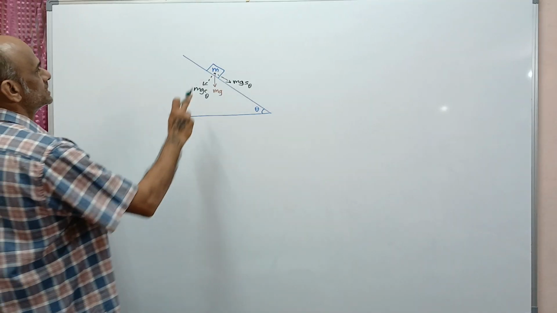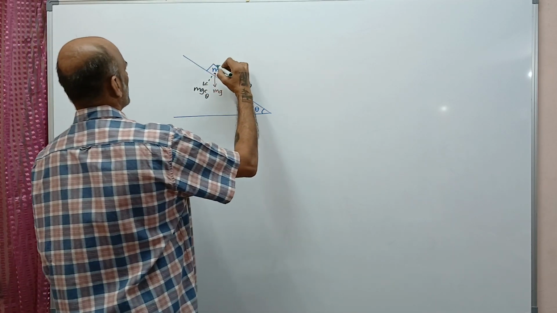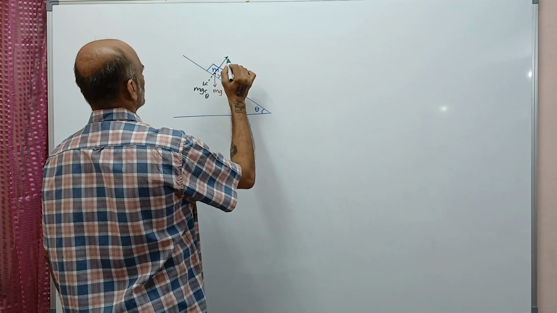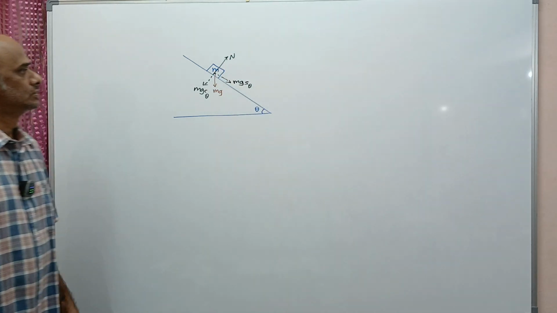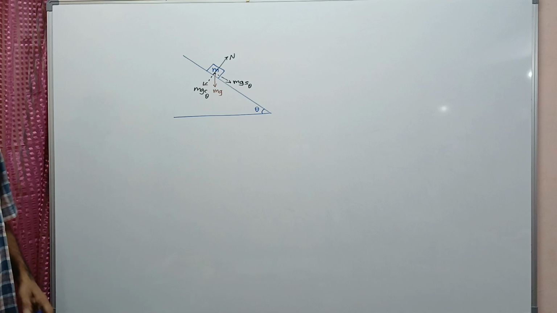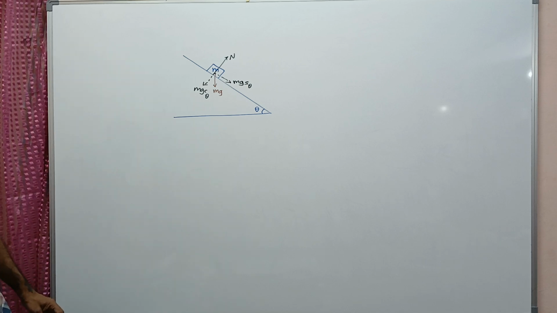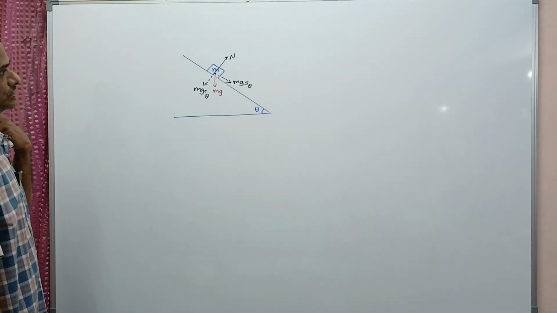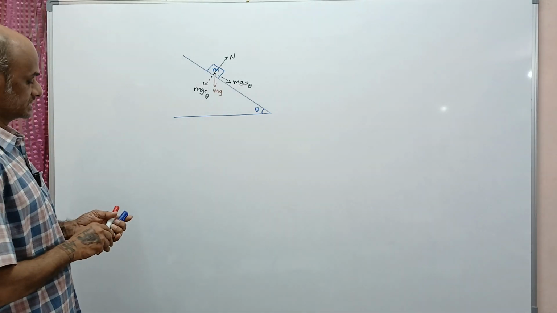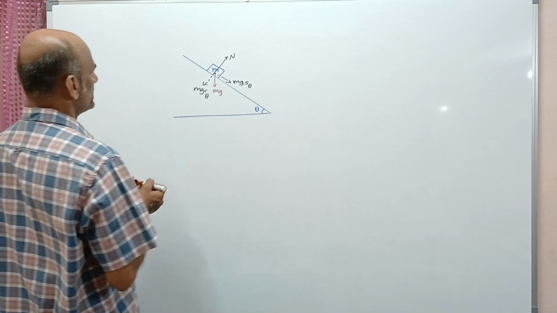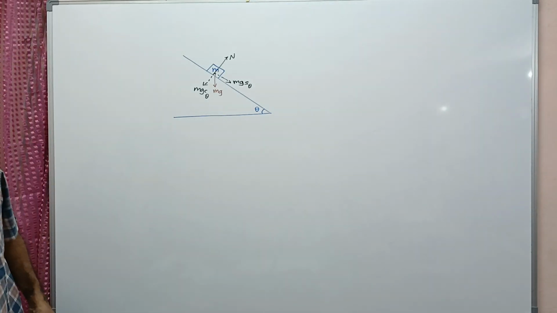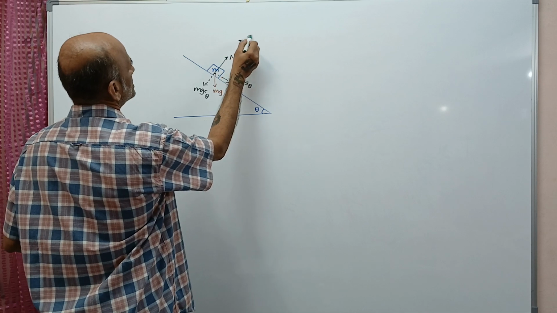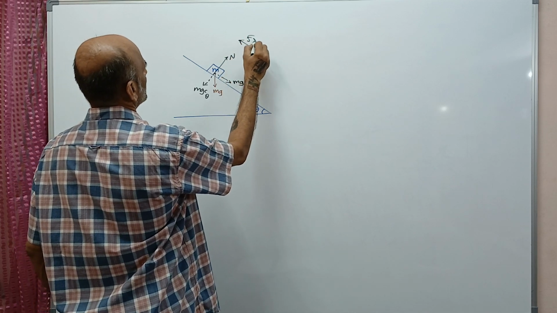And there's a contact between this block and the surface, so that will give a normal reaction perpendicular to the plane of contact. So along the plane, there is only one force acting on it, which is mg sine theta, trying to pull it down. So the direction of the friction force in this case will be upwards.